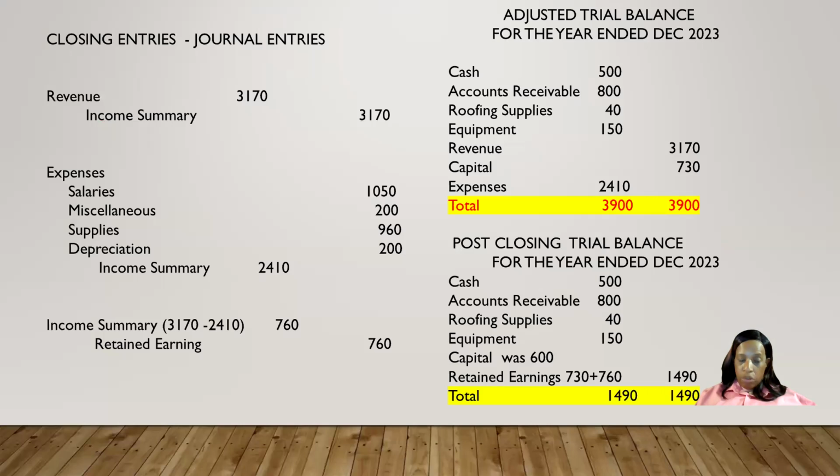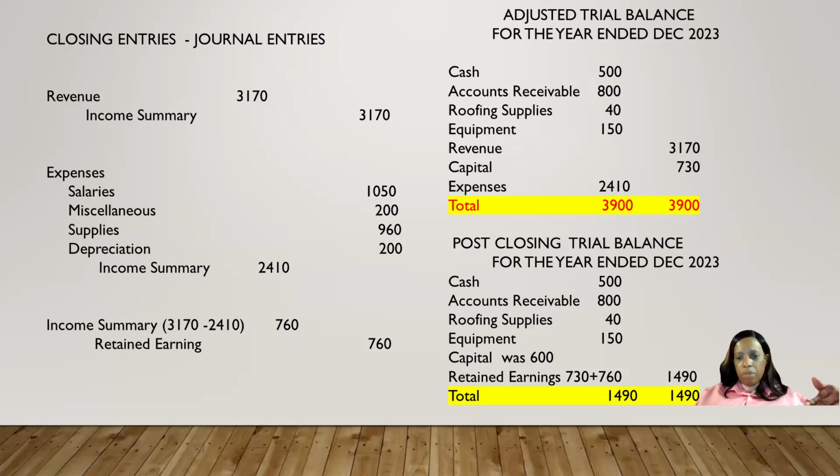One of the things that you will notice is we always have normal debit and normal credit balances. So what is the normal balance for revenue? Yes, it is credit. So when we're closing out, we're doing the opposite.